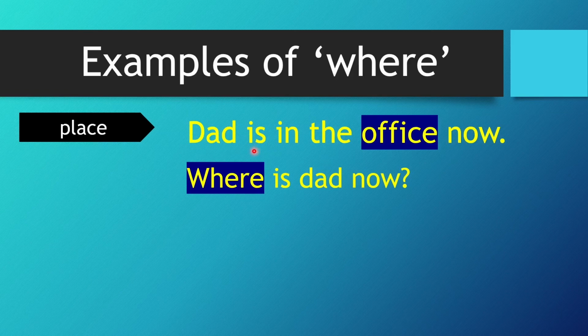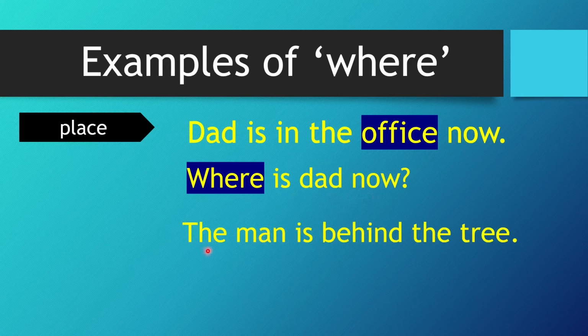So here is working as the main verb in this sentence. So after where, the main verb is coming. Where is dad? Dad is the subject. We are writing dad here. And now the other part of the sentence, and at the end there will be question mark. So where is dad now?